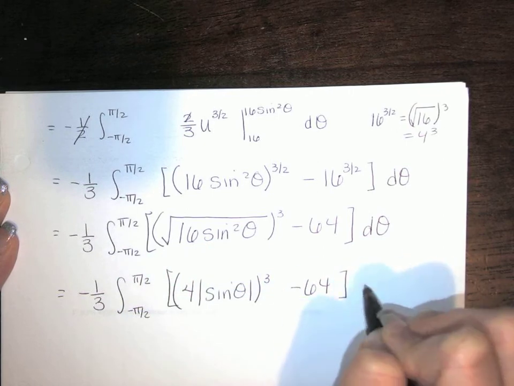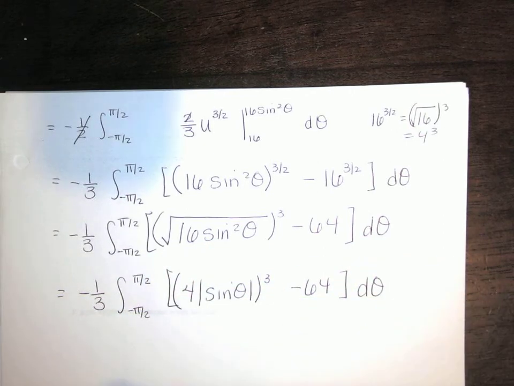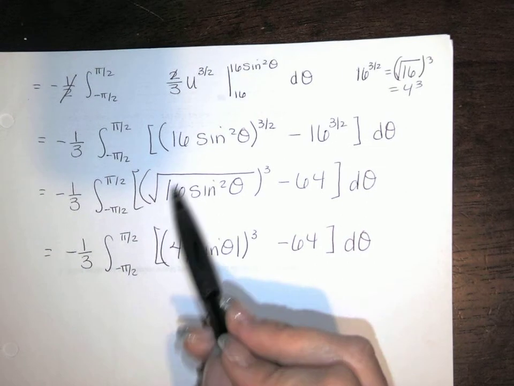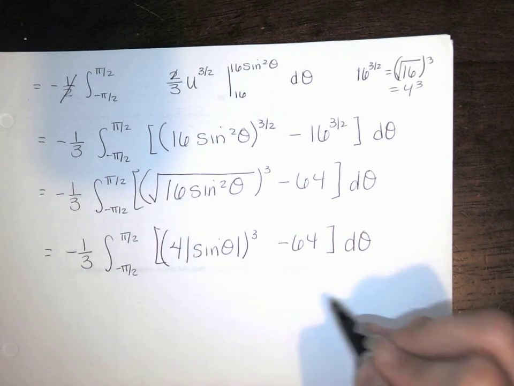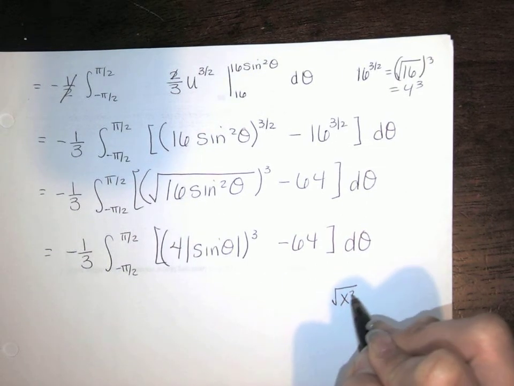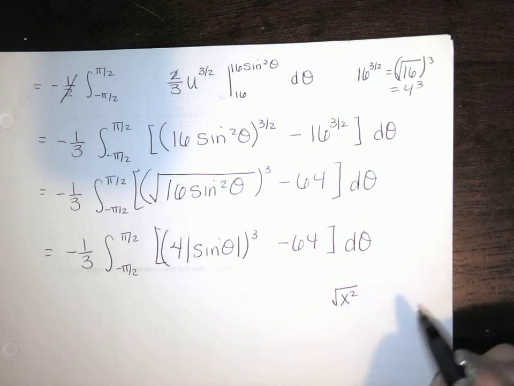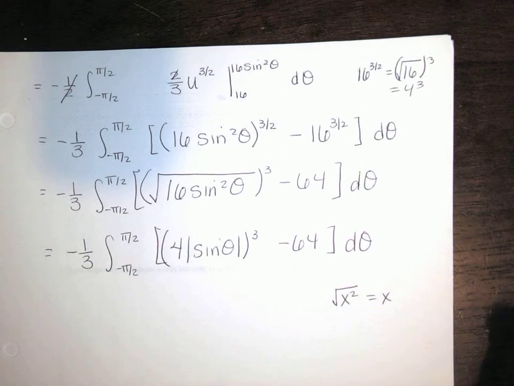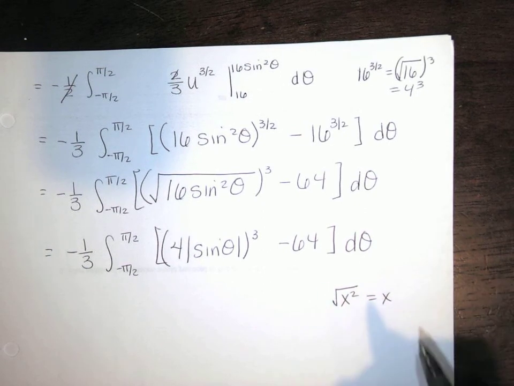And you might be saying, oh, Ms. Townsend, I never would have thought of that. I know. As a student, I never would have thought of that either. But let's think about why that's true. We have this habit in math class of saying, well, the square root of x squared is just x. And that's usually true. The square root and the squaring function undo each other, but only in certain cases.